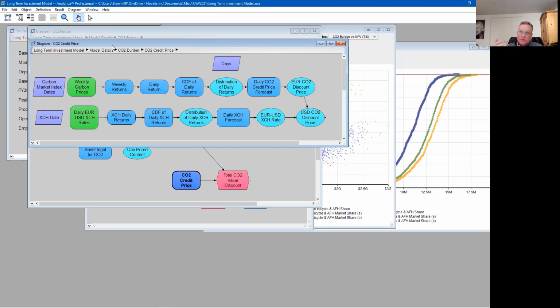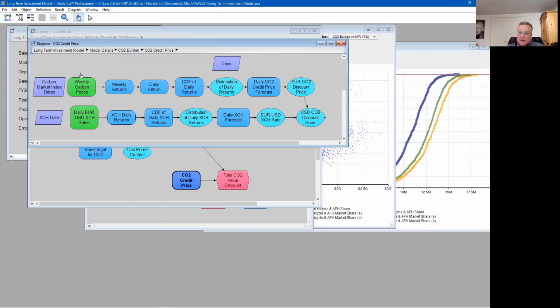And my operating idea here, and I'm not necessarily saying it's exactly right, and that it couldn't be modified or even criticized, is that those credit markets represent a kind of clearinghouse value for what people think it's worth to actually buy a credit versus actually installing or taking into consideration the actual managerial actions to reduce CO2.